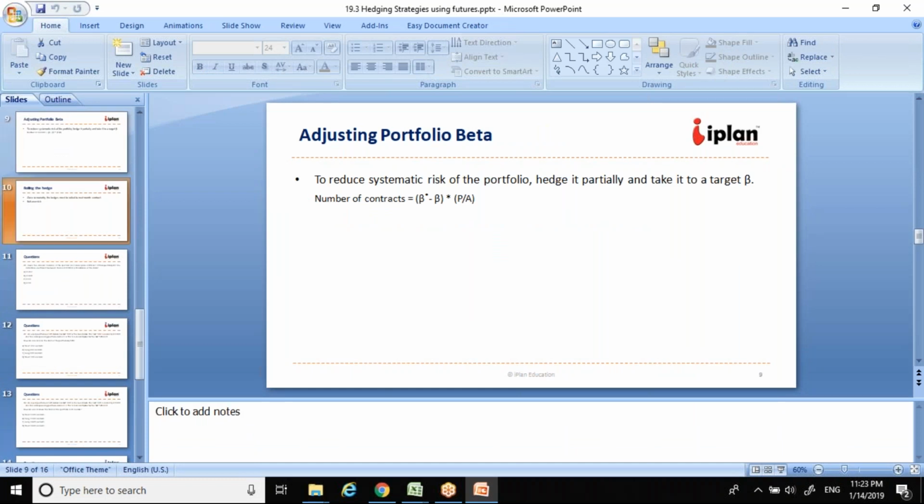This is about adjusting portfolio beta. What do you mean by adjusting portfolio beta? It says to reduce the systematic risk of the portfolio, hedge it partially and take it to a target beta. What we can do is simply take the target beta minus the current beta, and we can adjust the portfolio.